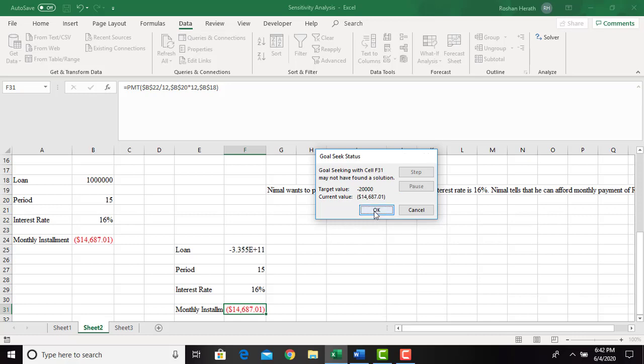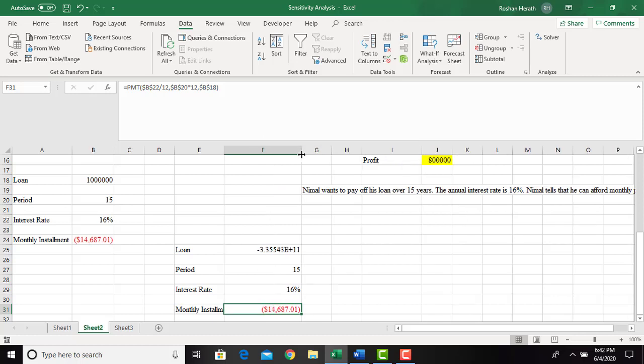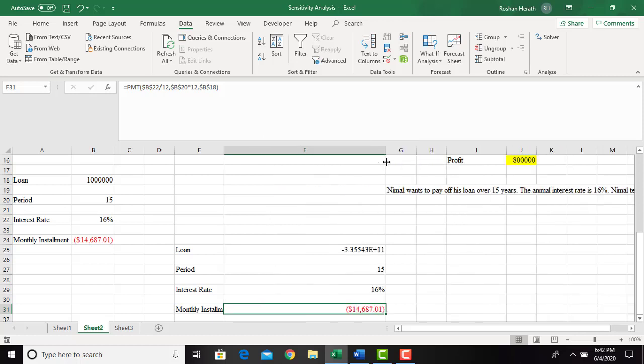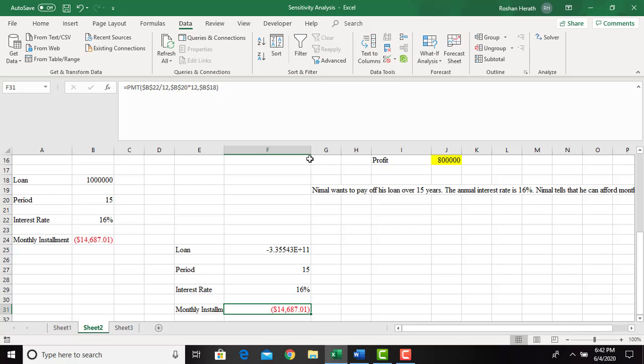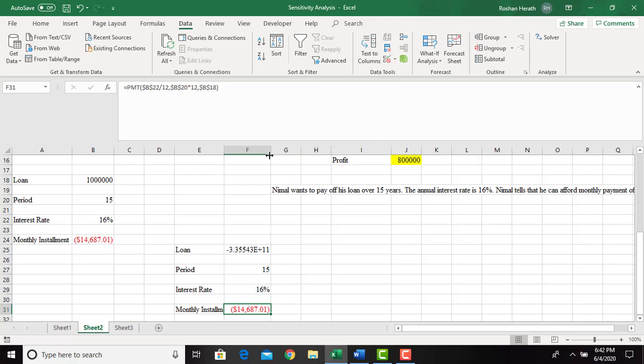So it seems to be a kind of huge amount. The loan amount is going to be a huge amount if you can afford 20,000. So it seems something is wrong with that.